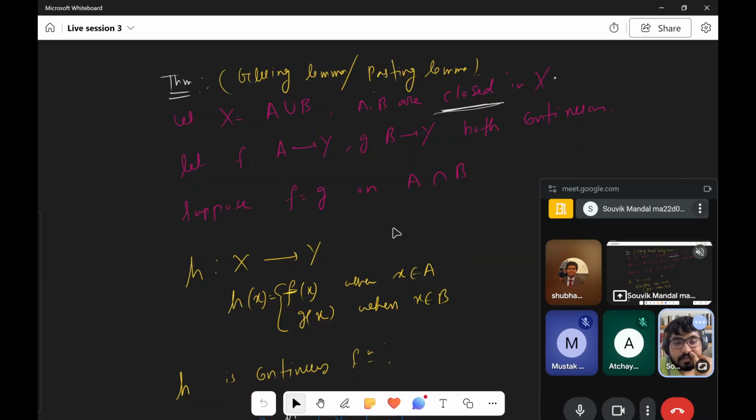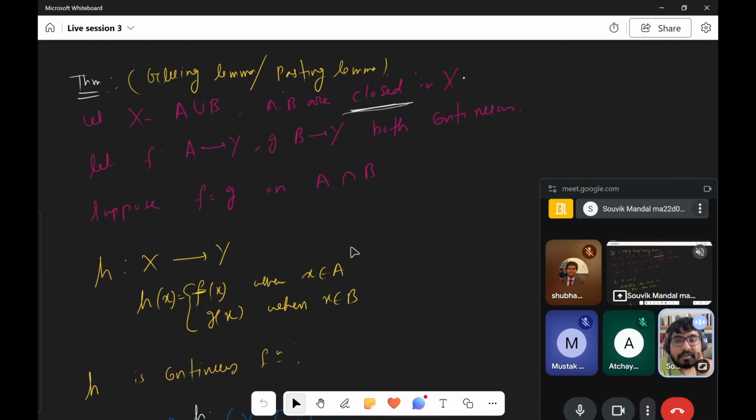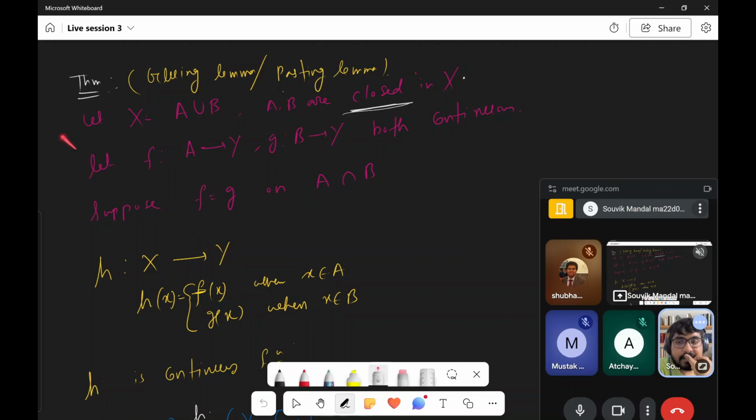Yes. So the statement goes as follows. If X is a union A union B, and A and B are both closed, and f is a map from A to Y and g is a map from B to Y, and if on the intersection of A and B, f and g agree, then the new function h defined by fx when x belongs to A and gx when x belongs to B will be a continuous function.